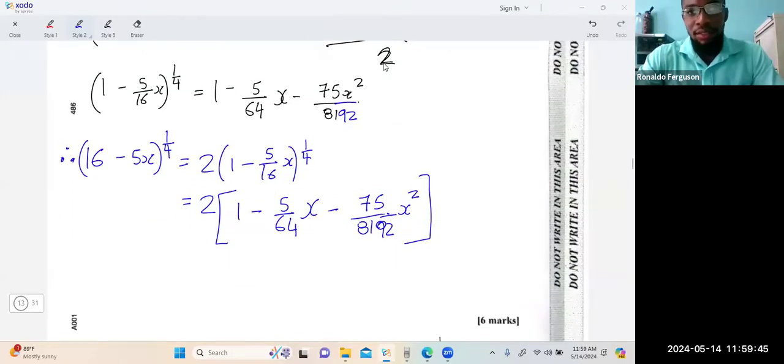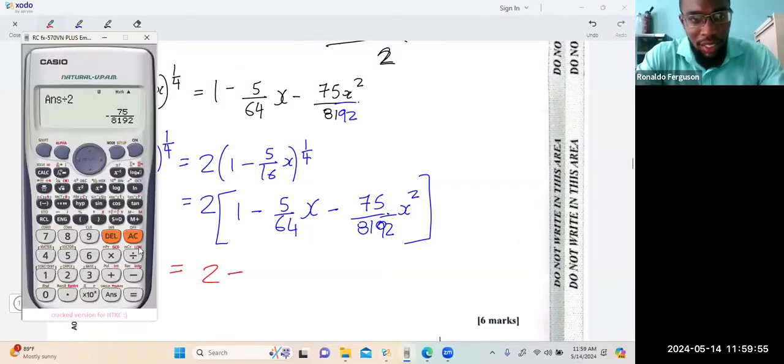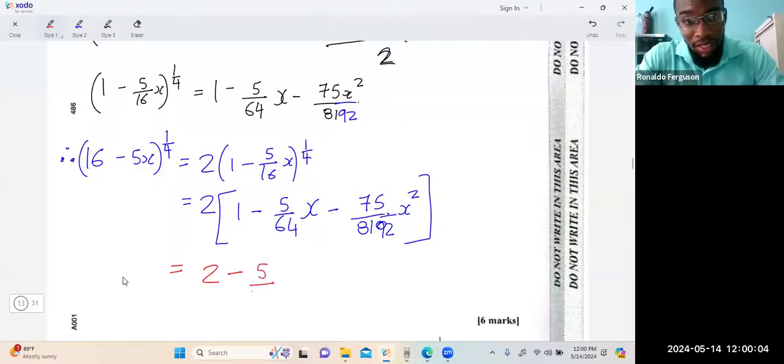All right, so that's what we have. Times it by 2, this is 2 minus. This is embarrassing to put in calculator. 2 times 5 over 64. 5 over 32, that's not bad. 5 over 32x.